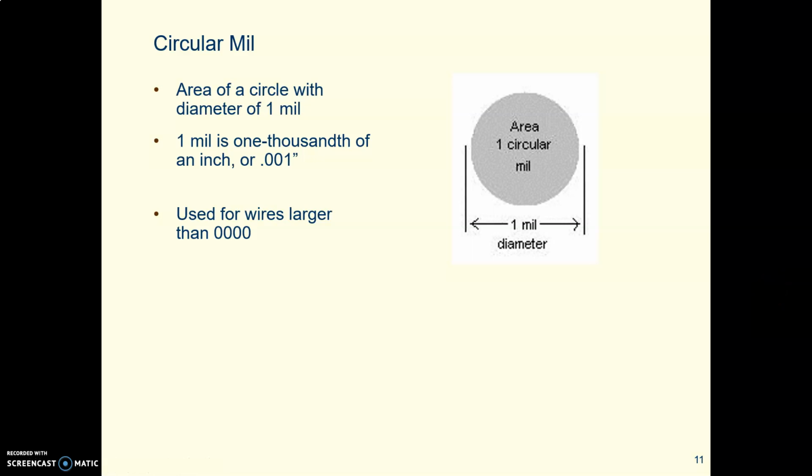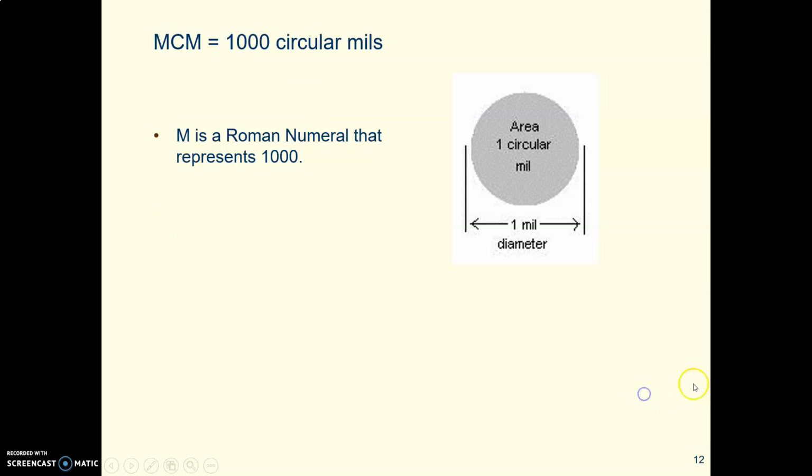We talk about wire sizes as big as 4/0, 4 zeros. When we get over 4/0, then we stop using those numbers and we talk about circular mils. A mil means 1/1000th of an inch, 0.001. If a wire is 1 mil in diameter, or 1/1000th of an inch in diameter, it has an area of 1 circular mil, and that's what we use for sizing big wires.